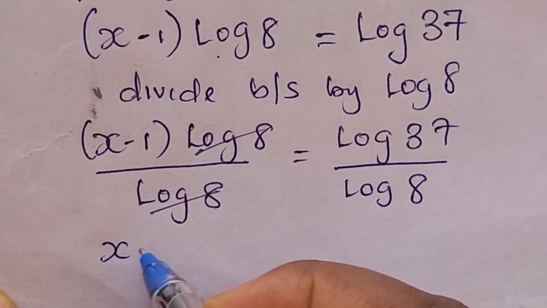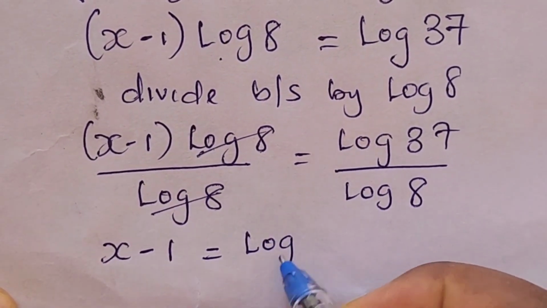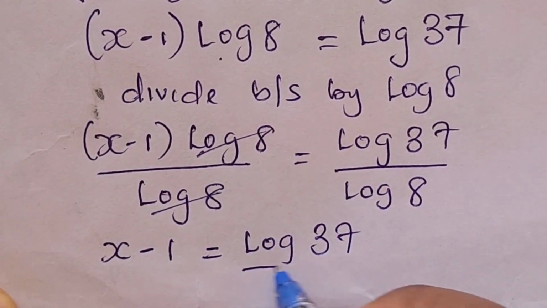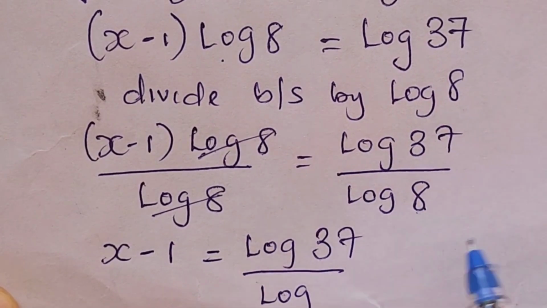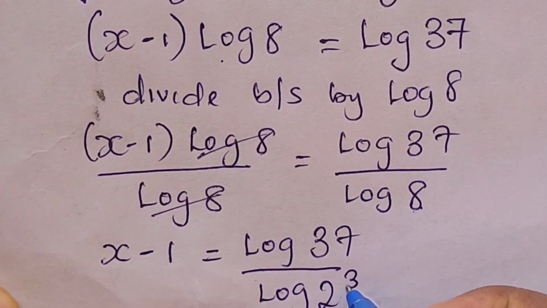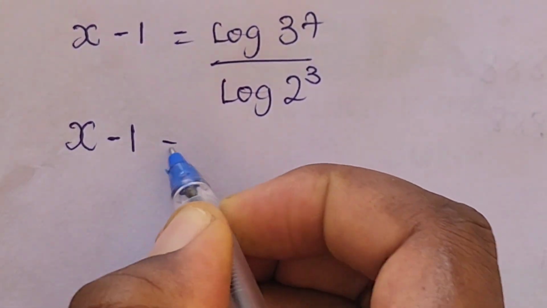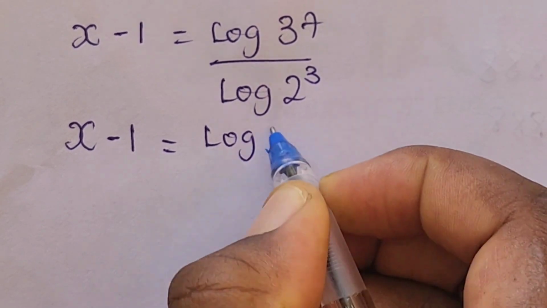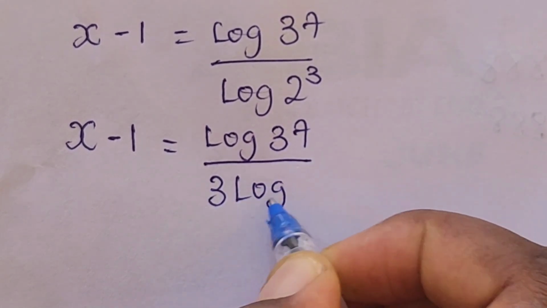We have x minus 1 is equal to log of 37 all over log of 8. We can write 8 as 2 to the power of 3. From here, we have x minus 1 is equal to log of 37 all over 3 times log of 2.